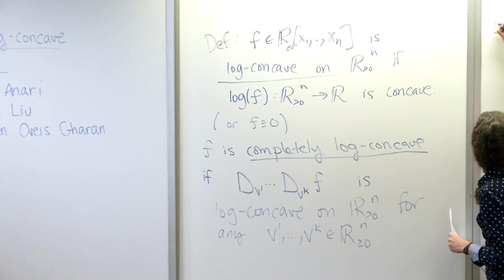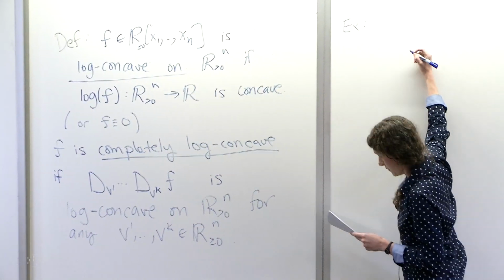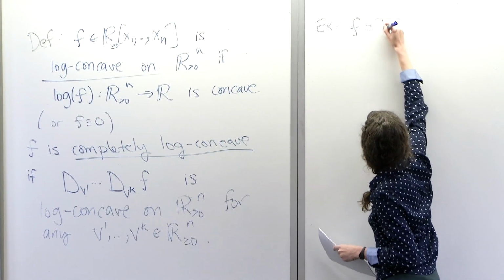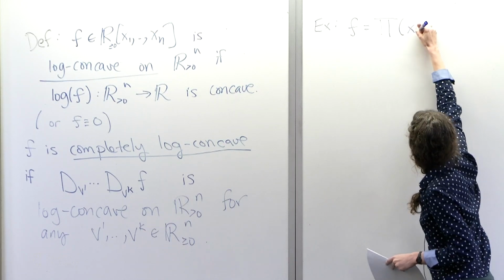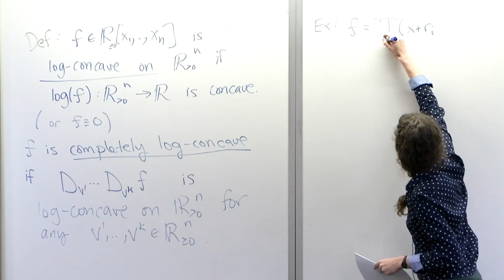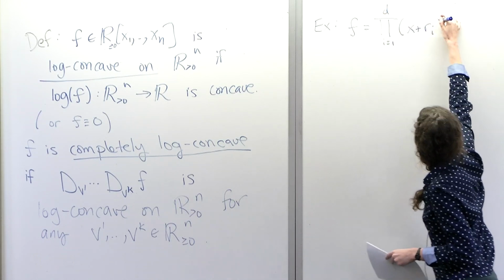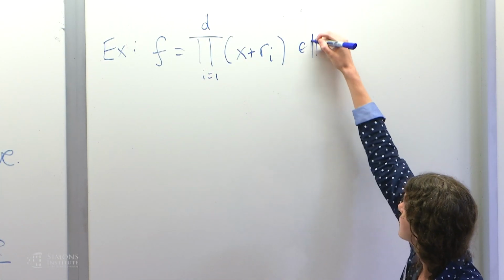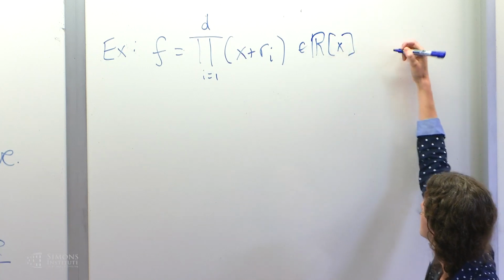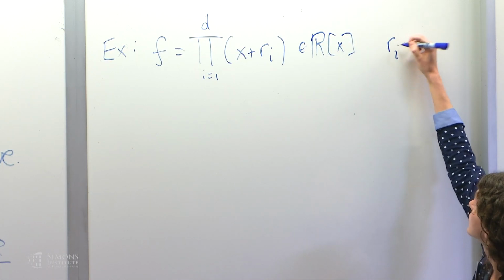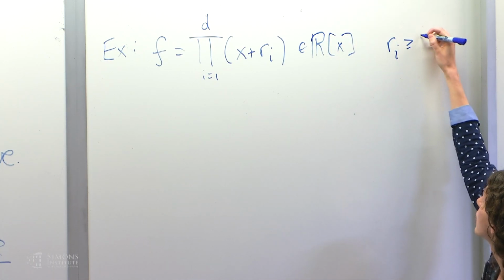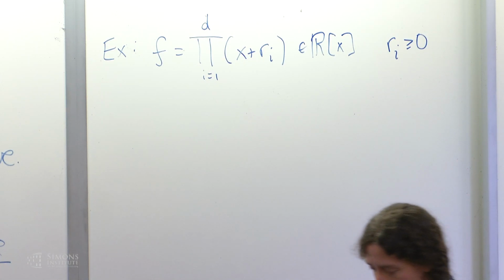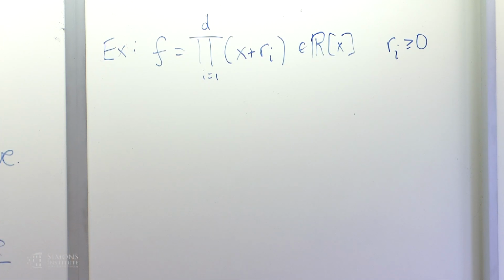But a very quick example is if you take a univariate real polynomial with the roots non-positive, so the roots r_i are non-negative.